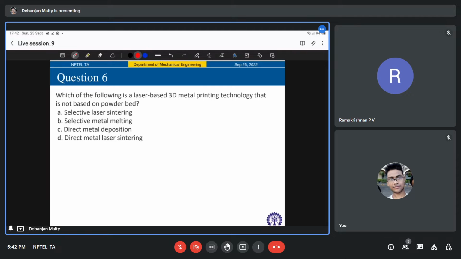Layer by layer. But in terms of direct metal deposition, as I was saying, it is kind of a coaxial feed of powder or wire to a laser or electron beam, whichever you are using, to form a melted layer on a substrate. So basically, scaling up of this direct energy deposition is easier and more cost effective to produce larger parts, right?